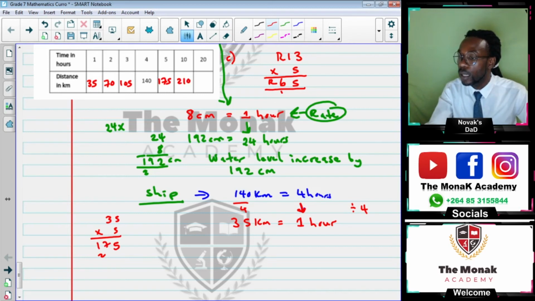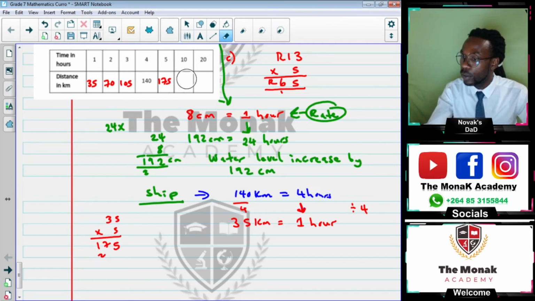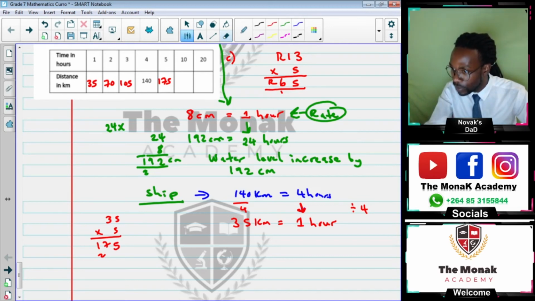210. No, it's no longer following. From 5 it's not going to 6, so it's 35 times 10. 35 times 10 is 350. 35 times 20 it's 700.